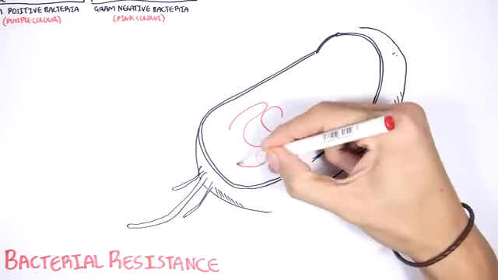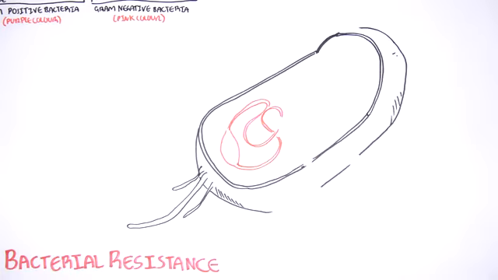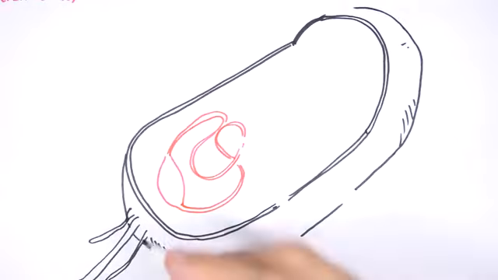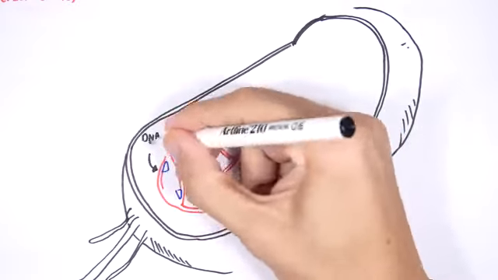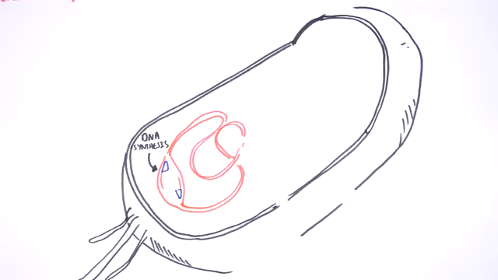One bacteria only has one chromosome, which is one circular DNA basically. Here, the DNA is being synthesized because the bacteria is going to divide. However, this circular DNA is not the only genetic material that the bacteria carries.